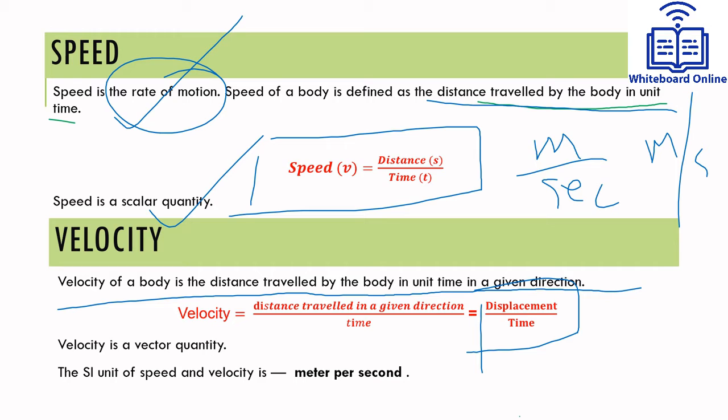But if you are saying it in form of distance, then you will say velocity is distance traveled in a given direction per unit time. Velocity is a vector quantity and the SI unit of velocity is meter per second, same as speed.